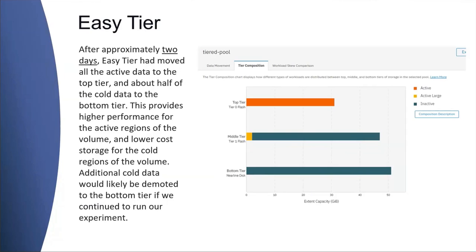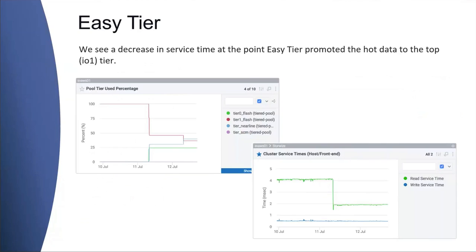Okay, what does that really mean at the end of the day? Let's go look at performance again. On the top left, here's your pooled tier usage. Instead of everything being in that middle tier, you can now see the various colors on the left-hand side of the activity or percentage of tiers: tier 0, tier 1, tier nearline. And more importantly, on the bottom right, you have your cluster service time.